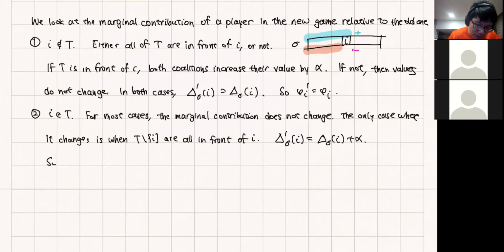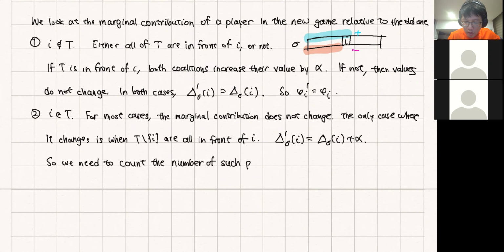So we need to count the number of such permutations. And the Shapley value increases by, there's a 1 over n factorial at the very beginning, multiplied by alpha times that number.